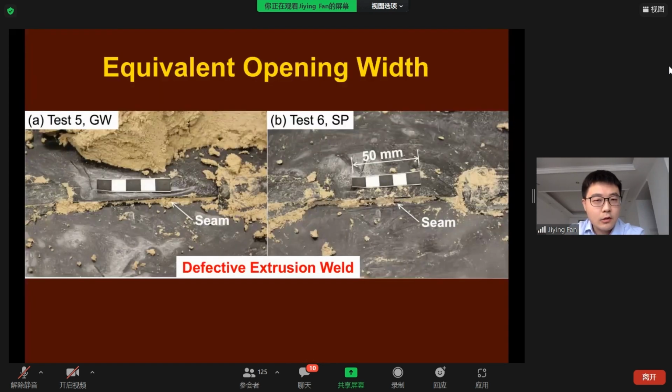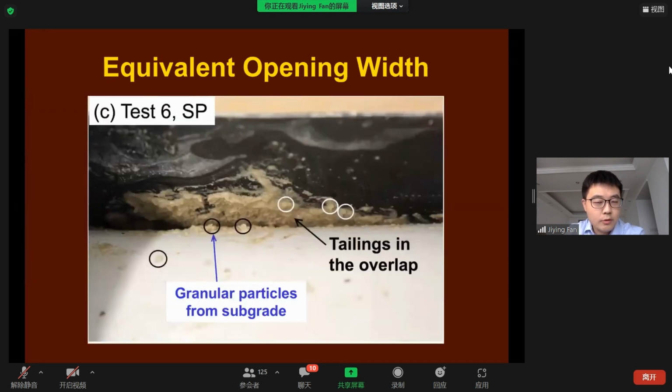And here are two figures showing the post-test exhumation of the defective extrusion weld. We found that the inlet of the weld is filled with fully consolidated tailings. Taking the geomembrane out of the cell, the overlap was unfolded by hand. And we found that there is some entrapped material inside the overlap, and that material results in the irregularity in the interface flow.